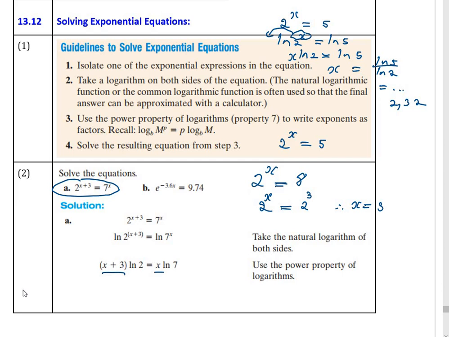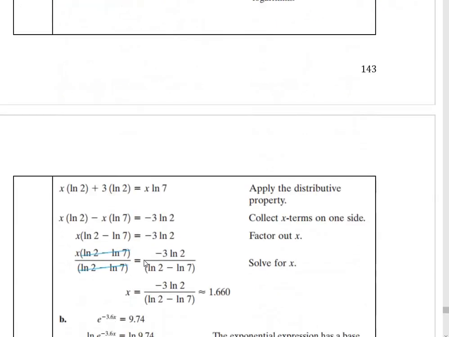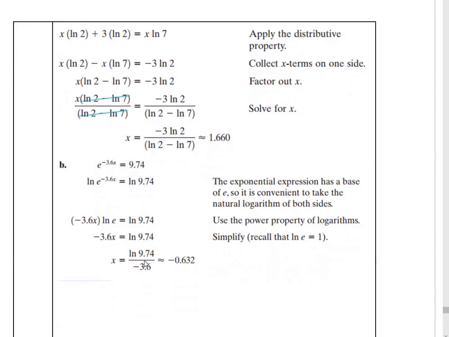Now we've learned from school, when we have x, we need to get all the x on one side and then the numbers on the other side. So we're going to multiply out this bracket here. So we're going to have x ln 2 plus 3 ln 2, and then we have x ln 2 plus 3 ln 2 is x ln 7.